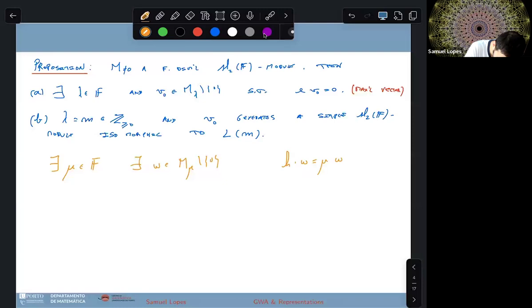Well, I start with W, and then I can consider the vector E times W, and I can consider the vector E acting on E times W, and I can consider the vector E acting on E acting on E acting on W. You'll notice that I'm being careful because I really wanted to say E cubed acting on W. The problem is E cubed does not exist in the Lie algebra.